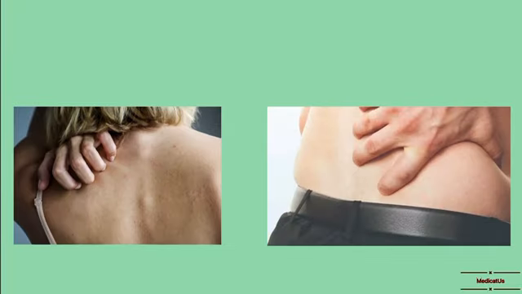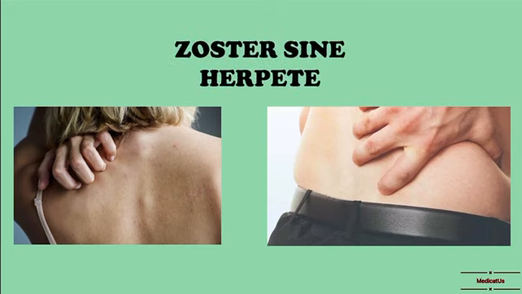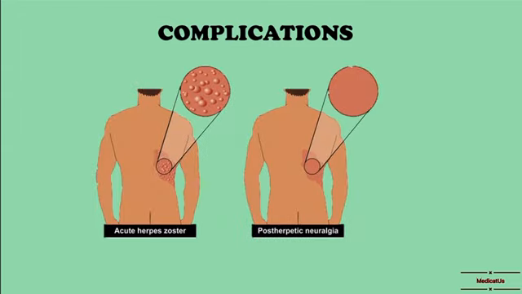Now, if the dermatomal pain is present but there are no skin lesions, then this condition is known as zoster sine herpete. Now, what are the complications? So, the most common complication is post herpetic neuralgia.